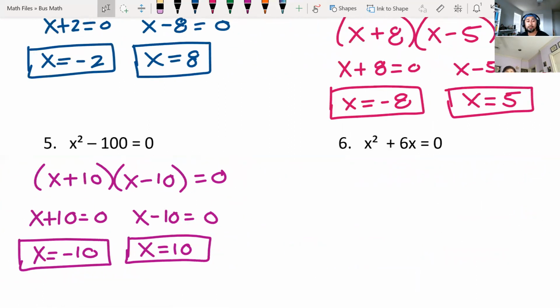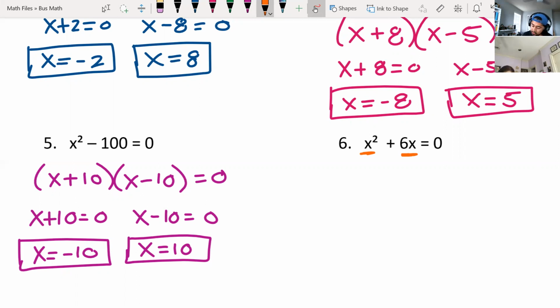Number 6. x squared plus 6x equal to 0. Here we only have 2 terms, so we have to just find a greatest common factor. What could you factor from x squared and 6x? x.